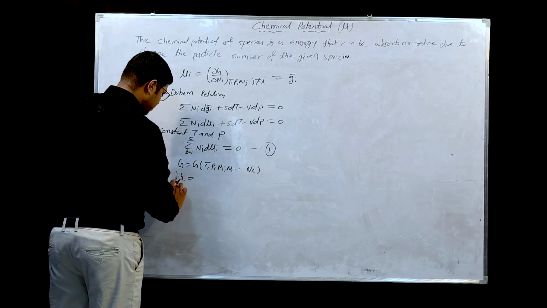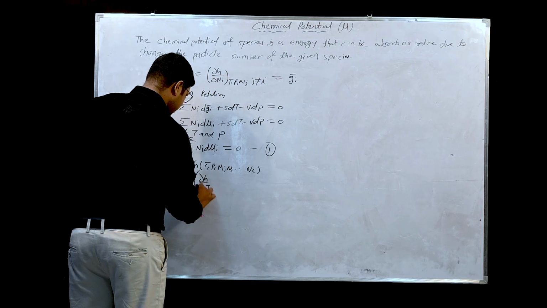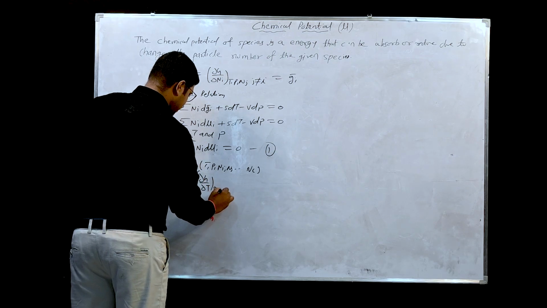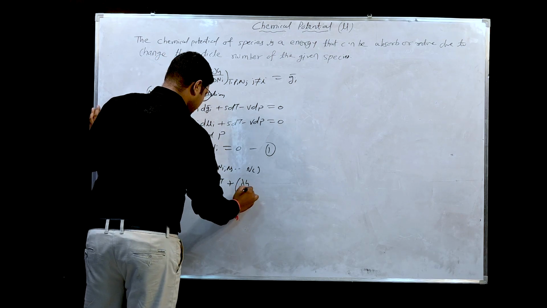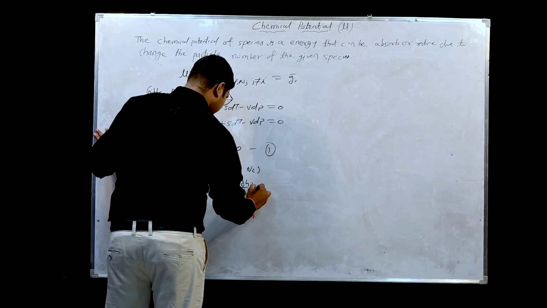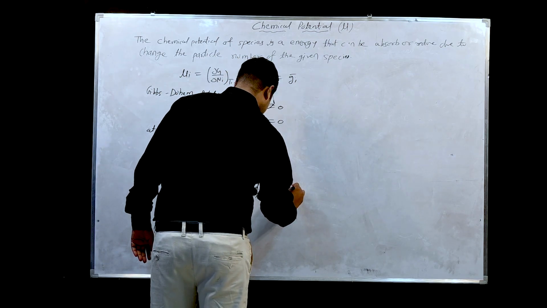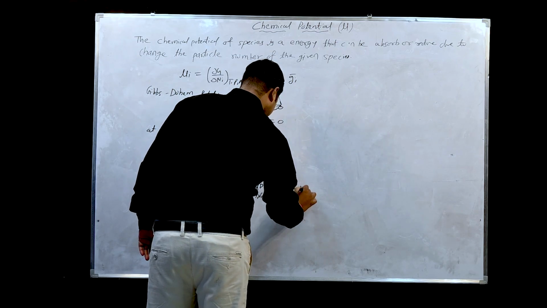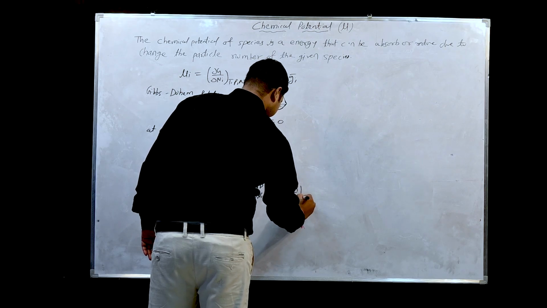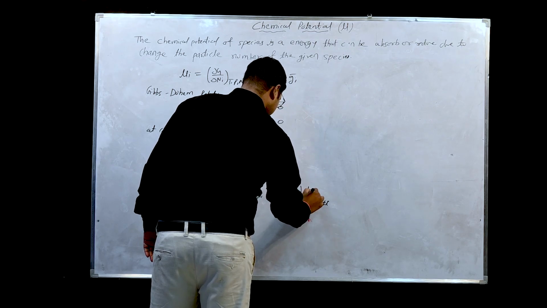So dG is equal to (∂G/∂T) at constant pressure and Ni dT plus (∂G/∂P) dP at constant temperature and Ni, plus the sum over i equal to 1 to C of (∂G/∂Ni) at constant temperature, pressure and Nj, where j is not equal to i, dNi.